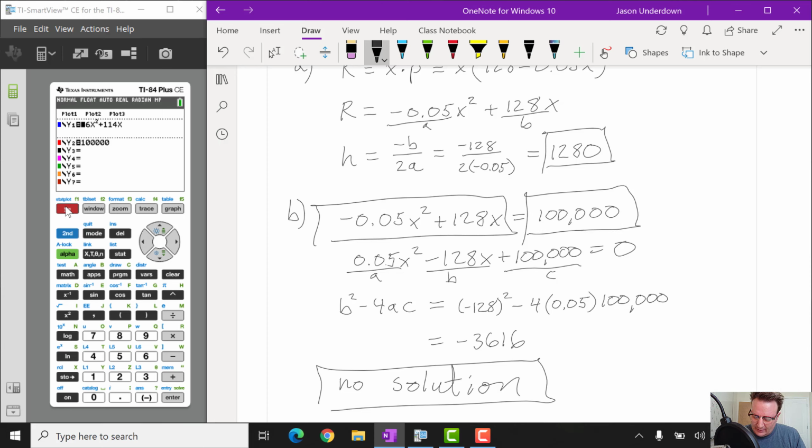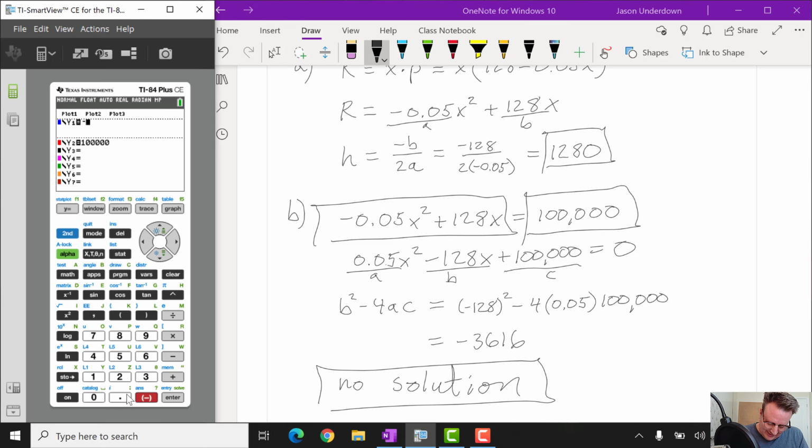So I'll just plot both of those functions. I'll do negative 0.05x squared plus 128x. Okay.